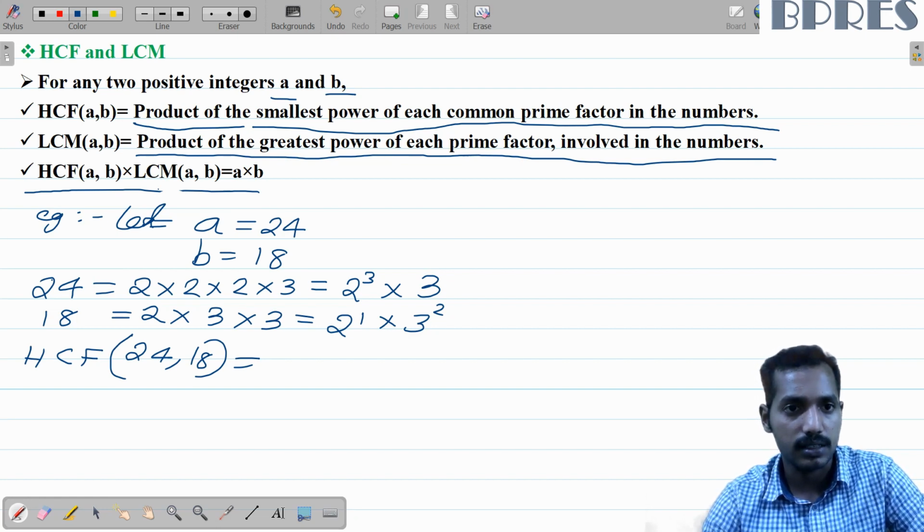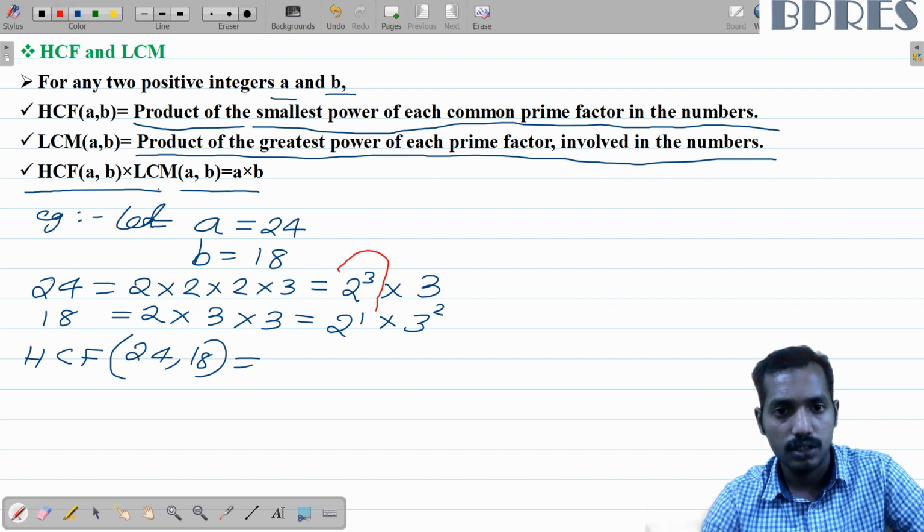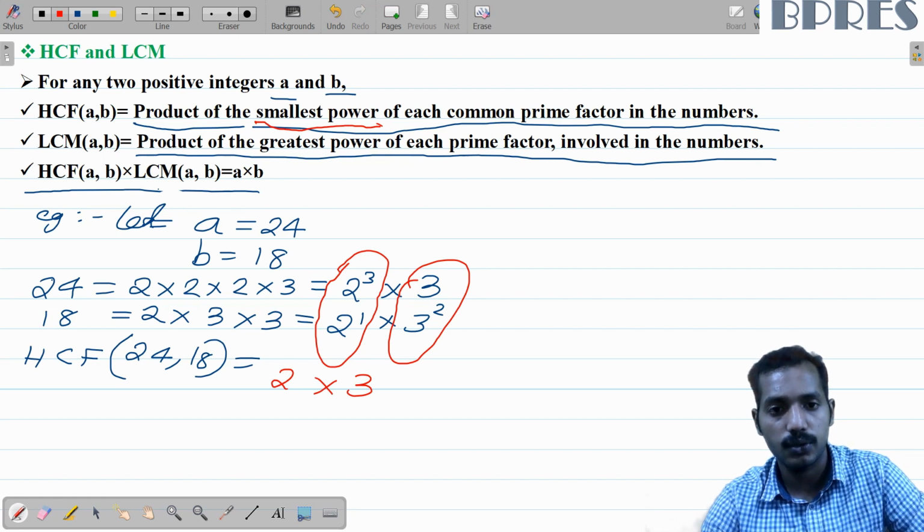The common prime factors here are both 2 and 3. The smallest power of 2 among 2 raised to cube and 2 raised to 1 is 2 raised to 1, and the smallest power among 3 raised to 1 and 3 square is 3 raised to 1. So the HCF is 2 into 3, which is equal to 6.